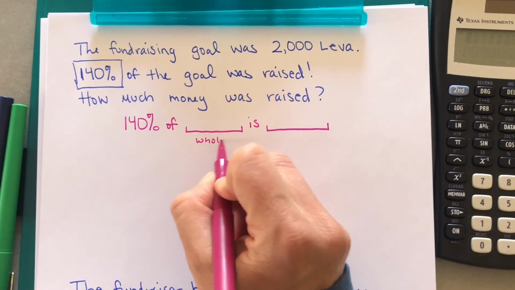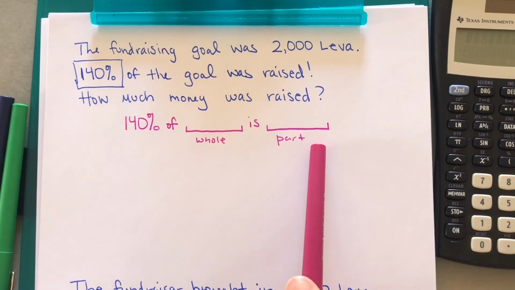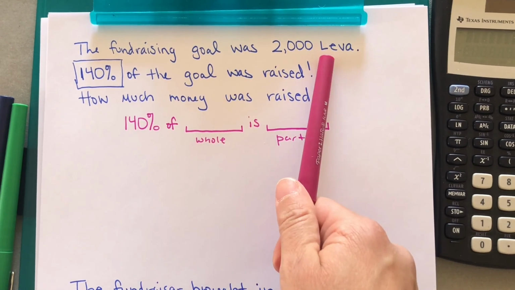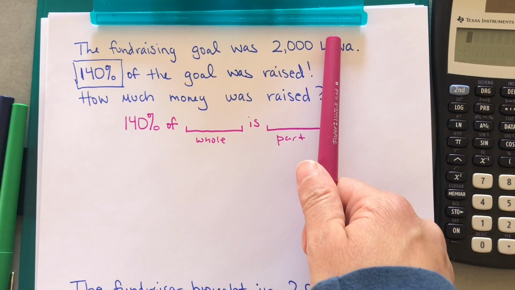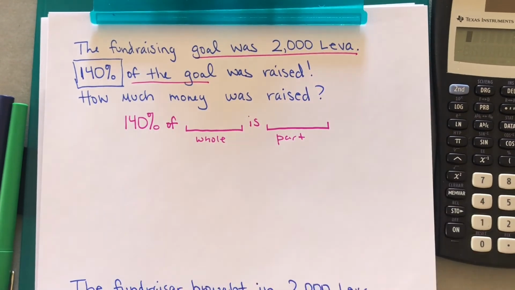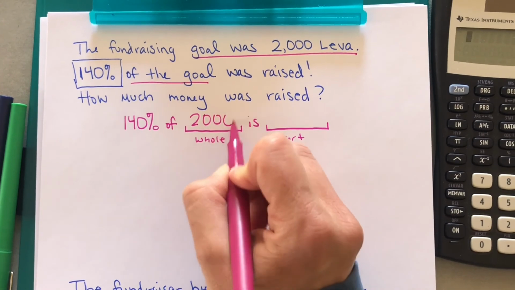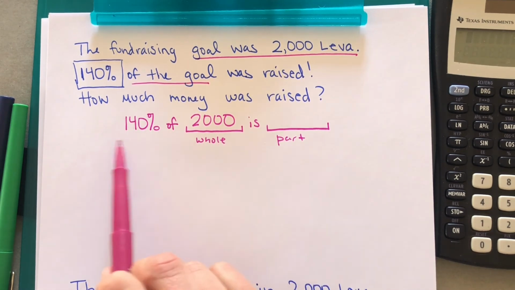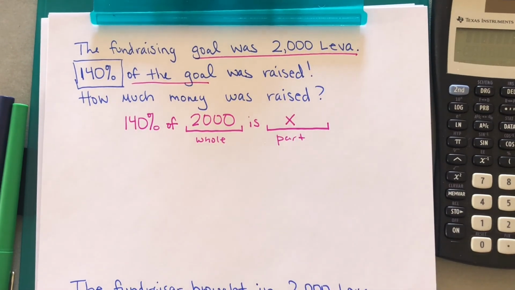So the question is, is the 2,000 leva the whole or the part? It says the fundraising goal was 2,000 and 140% of the goal was raised. So that means that this 2,000 is the whole, and what we're looking for is the result. We want to know how much is 140% of 2,000, and that's our missing piece.